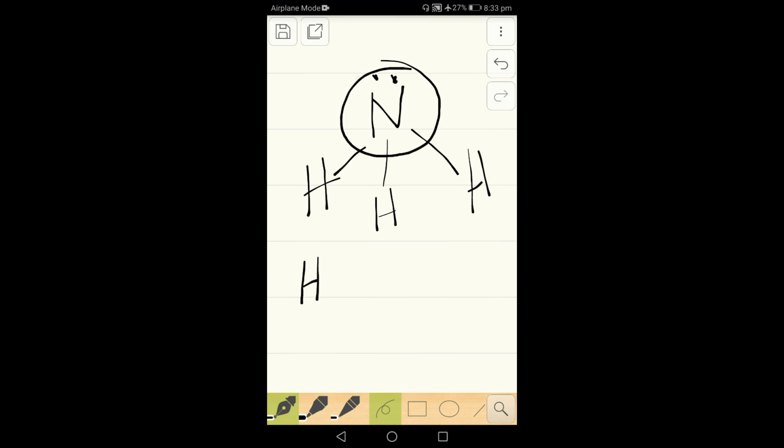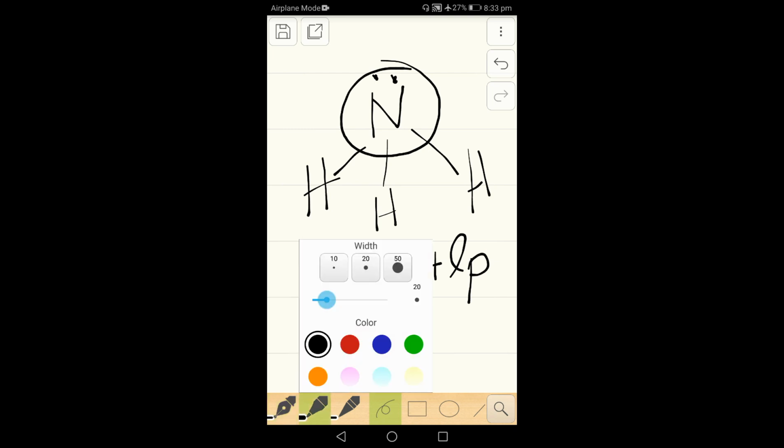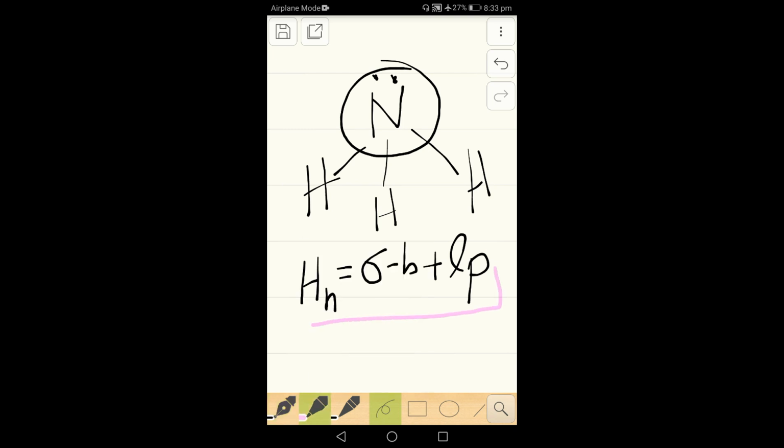The hybridization number is equal to the number of sigma bonds plus the number of lone pairs. Pi bonds are not counted here.